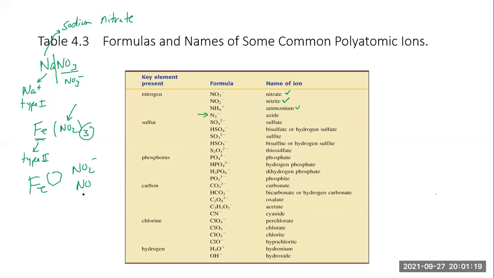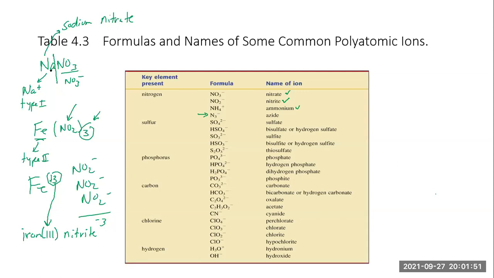Remember that each of these guys are really only -1. So that's a -3, which means in this case, just like we did with type 2, we're able to figure out what the charge is on the iron, and it would be iron Roman numeral 1, 2, 3. And even though there are 3 of these guys here, we would call it just nitrite. Again, the 3 is for the charge on the metal.